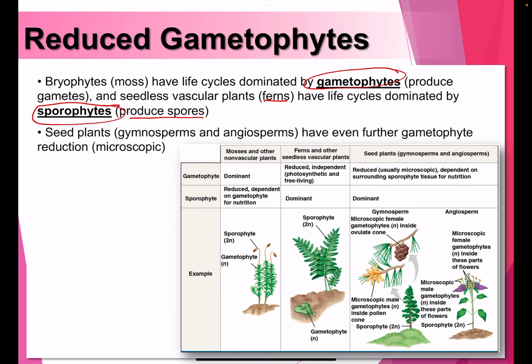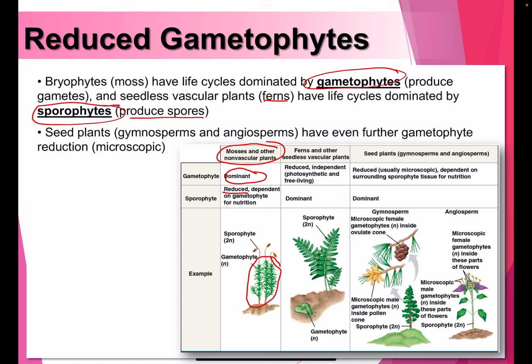And here's a review of gametophyte and sporophyte differences amongst the three plant groups that we just talked about. So again, a reminder so that you can keep it all straight for the exam. Non-vascular plants such as mosses have dominant gametophyte stages in their life cycle. Okay, that's why their gametophytes are humongous like this compared to the sporophyte. Sporophytes are usually small and they are dependent on the gametophyte for nutrition.